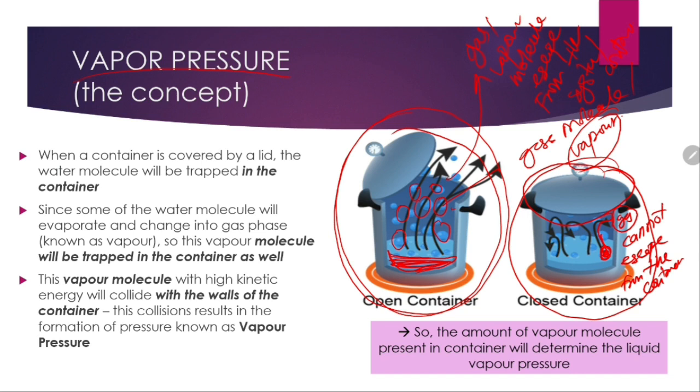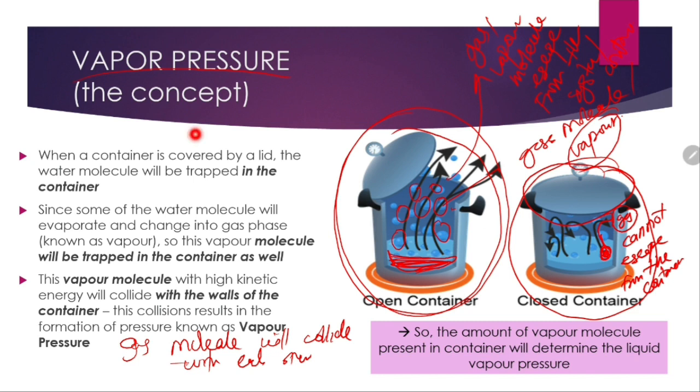So what happens then? The gas molecules will collide with each other, because they are trapped in the closed container. When the gas molecules collide with each other, they also collide with the container wall, which results in the formation of vapor pressure.